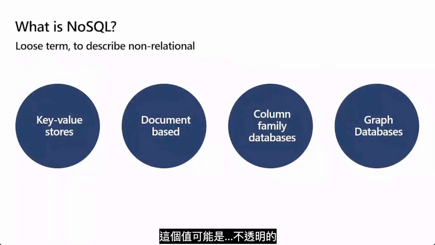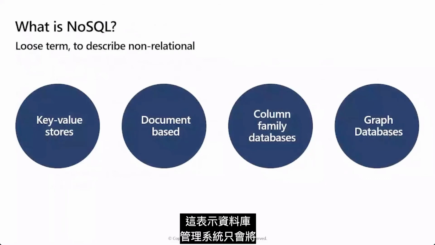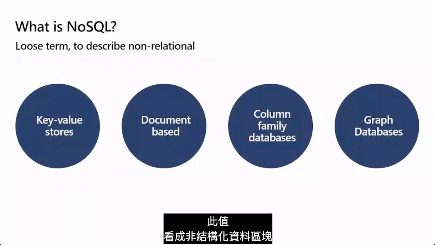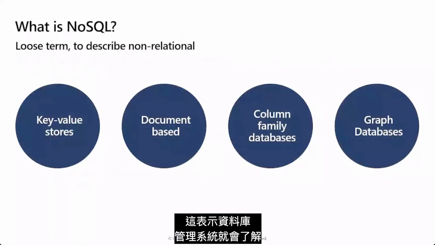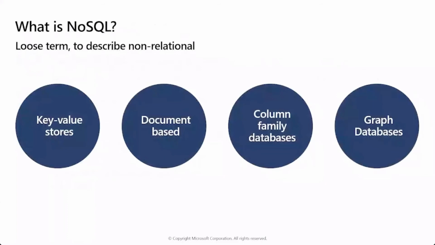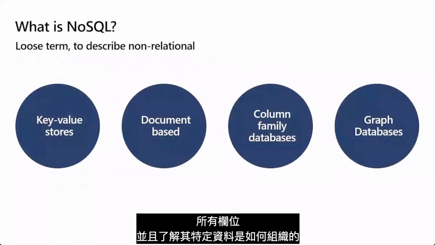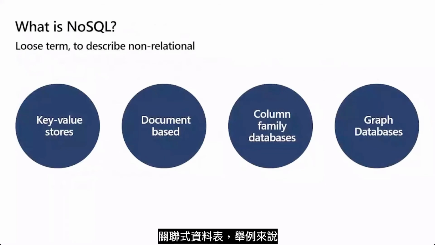This value is opaque to the database management system, which means the database management system only sees the value as an unstructured block of data. Vice versa, if the value was transparent, the database management system would understand all the fields and how that particular data is organized. A relational table, for example, has a transparent structure.